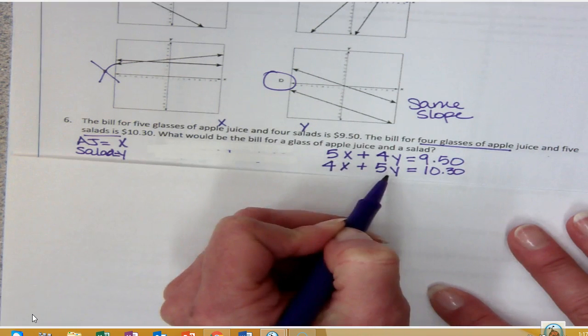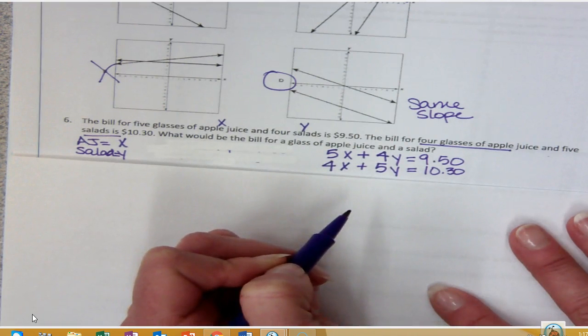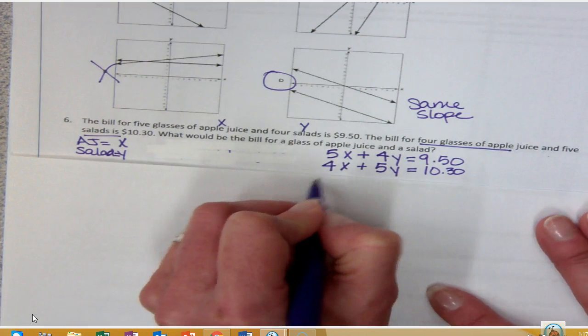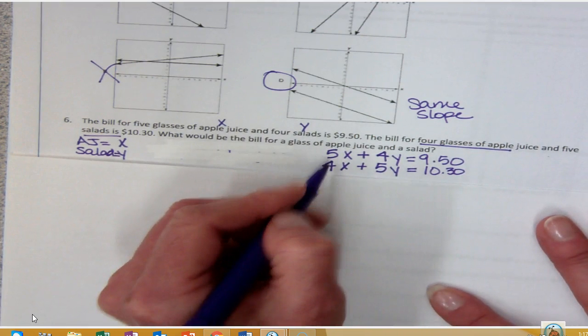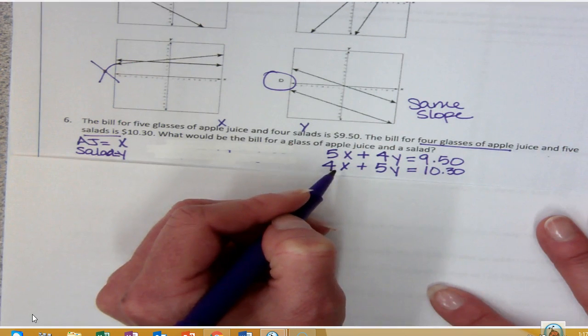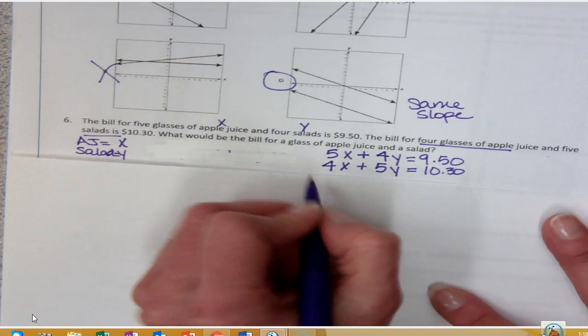The x and the y have the same number, but that doesn't help me because I need the same variable to have the same coefficient in front of it. So I know that 5 times 4 is 20, and if I can get both of these to 20, then I'm going to be in good shape because I'll have the same coefficient in front of my x. So I'm going to do that.